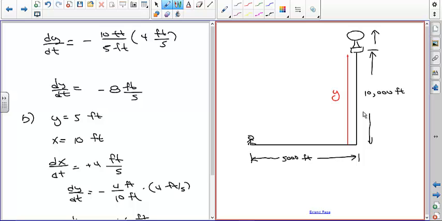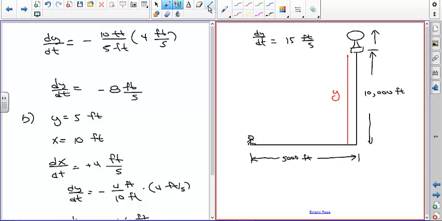If the balloon were sinking, then it would be negative, but in this case, it's positive. So what quantity is equal to 15 feet per second? Yep, dy over dt, or dy dt.